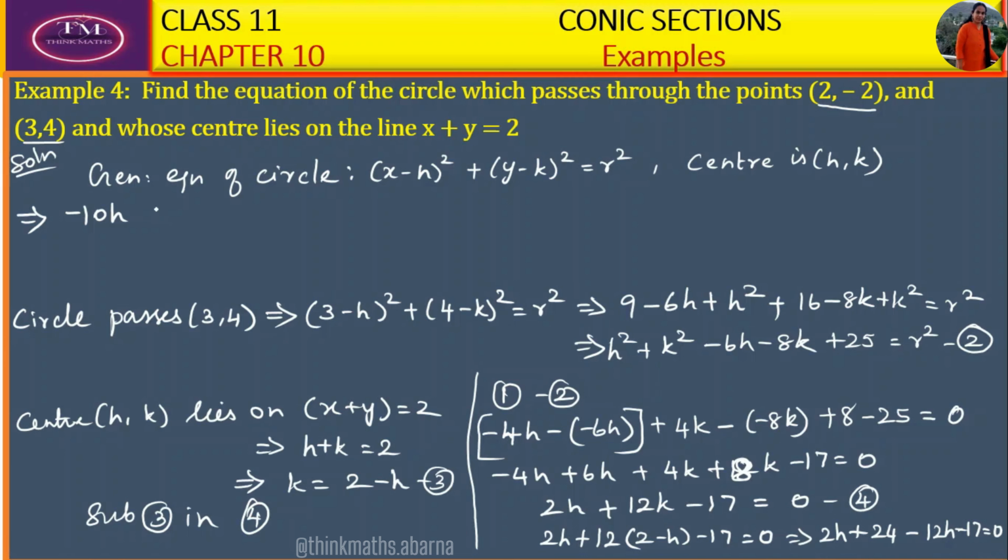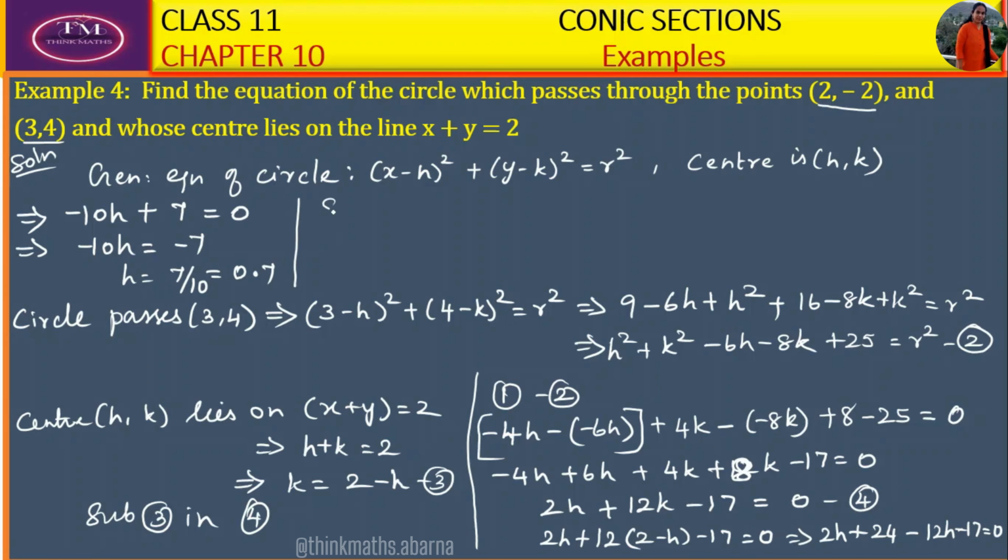So minus 10h plus 7 equal to 0. That means minus 10h will be equal to, plus 7 will become minus 7 on the other side. So both the negatives get cancelled. So h will be equal to 7 by 10, which is 0.7.